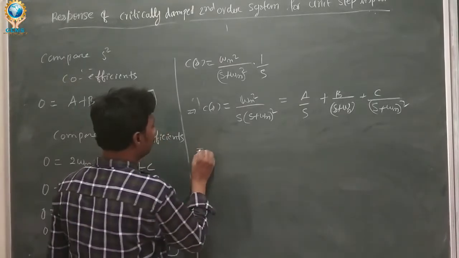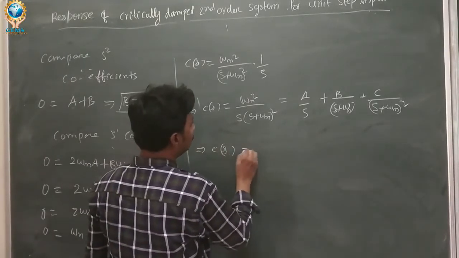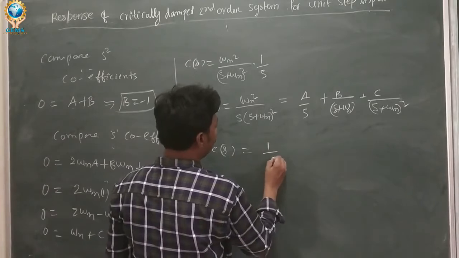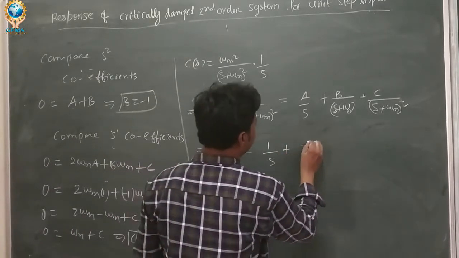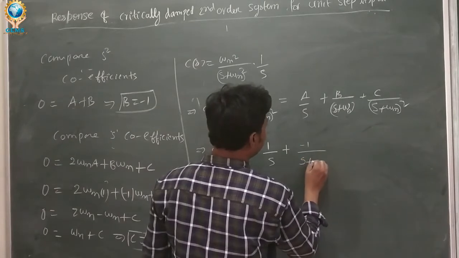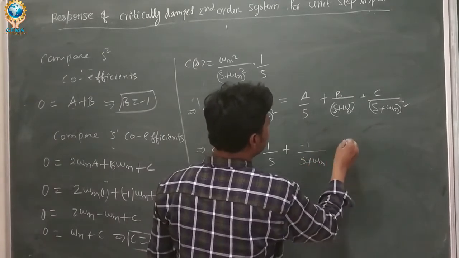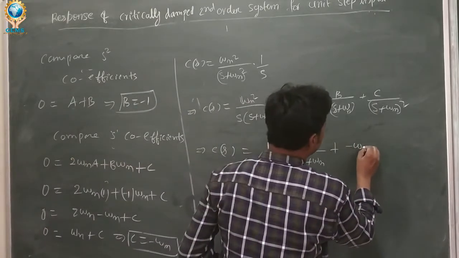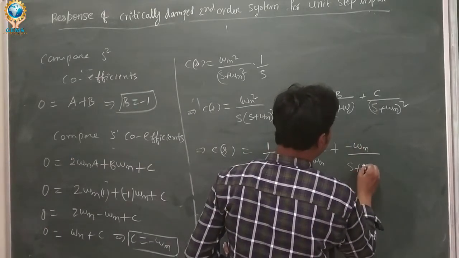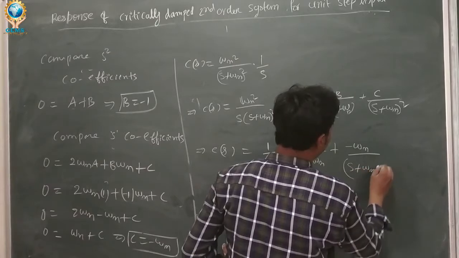So we substitute here: C of S is equal to, A is equal to 1, B is equal to -1, so -1 by S plus omega n, and C is equal to minus omega n, so minus omega n by S plus omega n whole square.